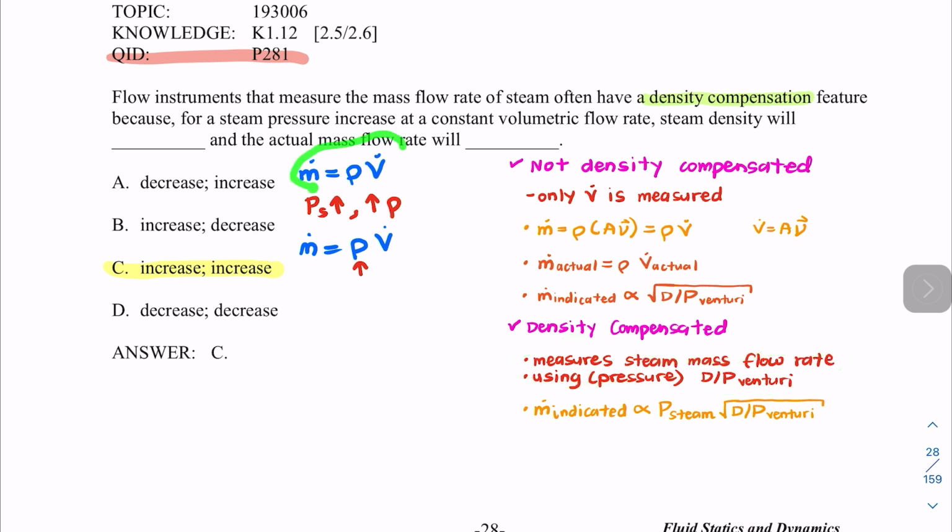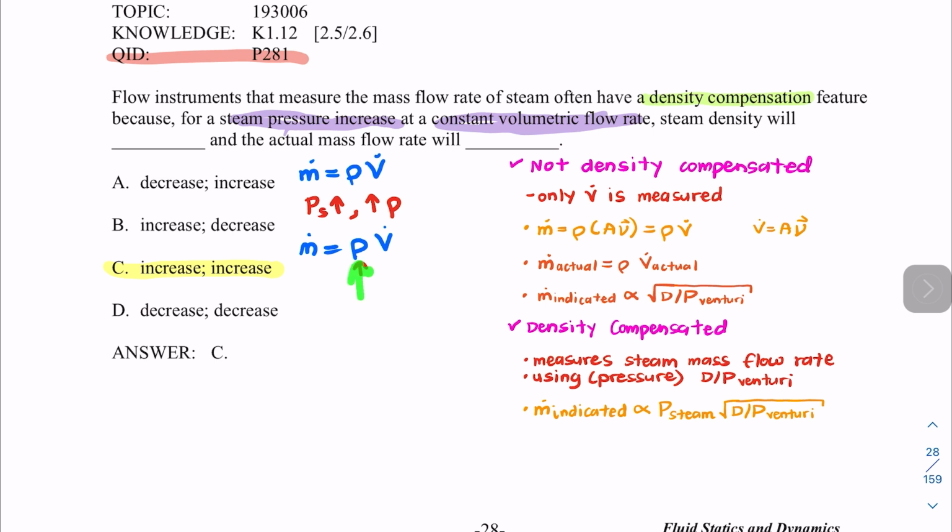I have mass flow rate, it's going to be equal to density times volumetric flow rate. Okay, I know that it says that I have a steam pressure increase. I have a constant volumetric flow rate. So for steam, if I increase the pressure of the steam, I'm going to increase the density.